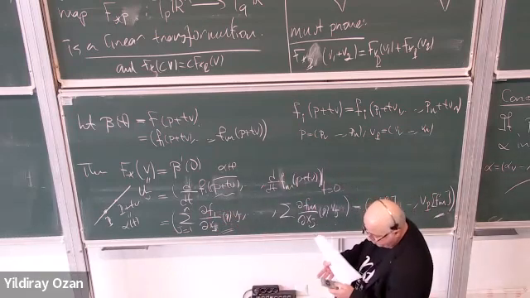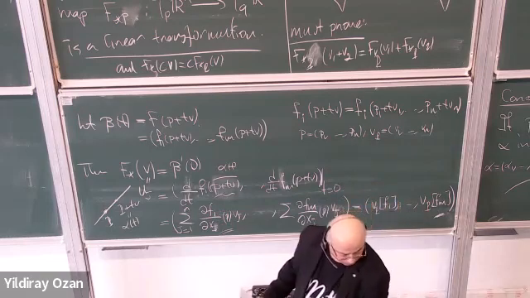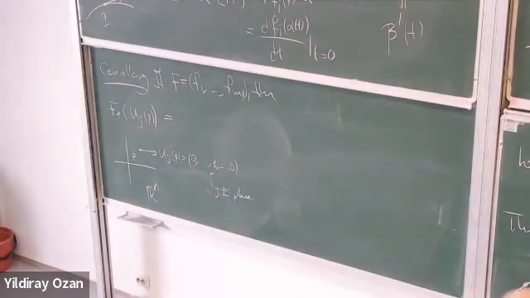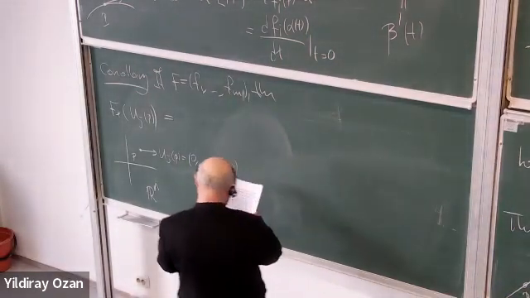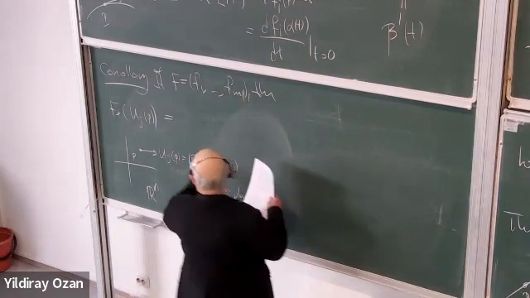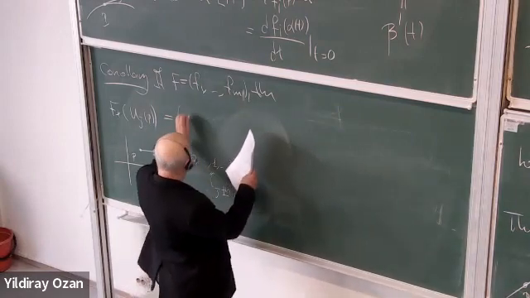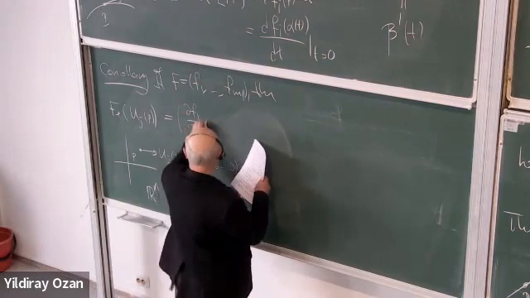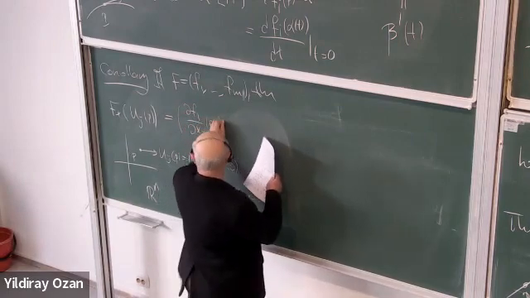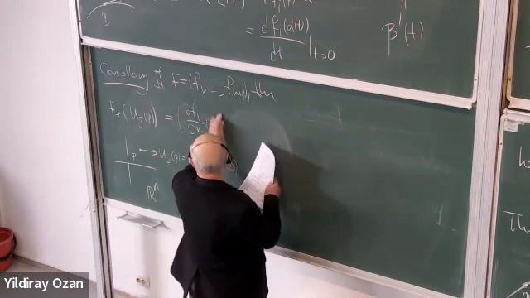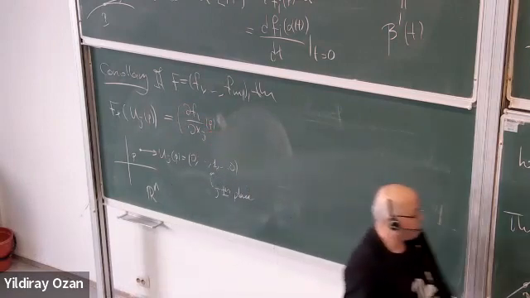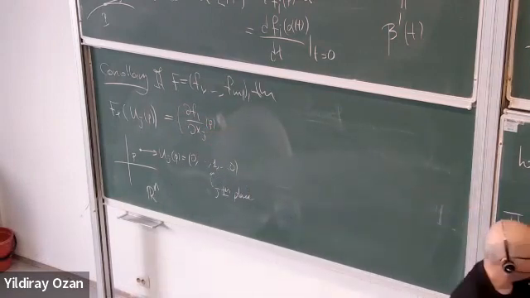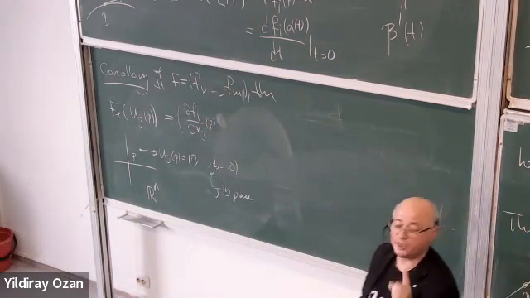Okay, so the first one is just del f1 del xj at p, and then well, I have this vj here, but the jth coordinate of uj is just 1.